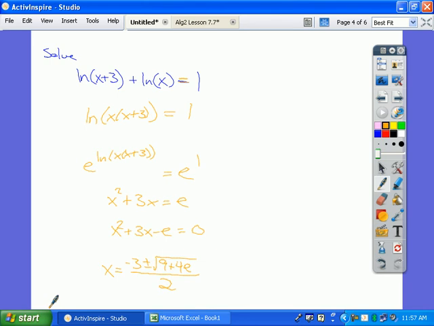Except one issue. This gives me 2 solutions, and in most of our problems, one of them hasn't been working. So we need to know, do both of those solutions work? Otherwise, we're saying one of these is a solution, and it's not.